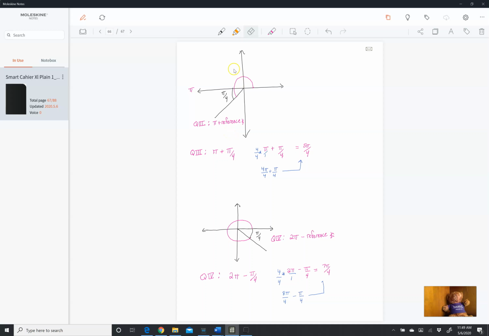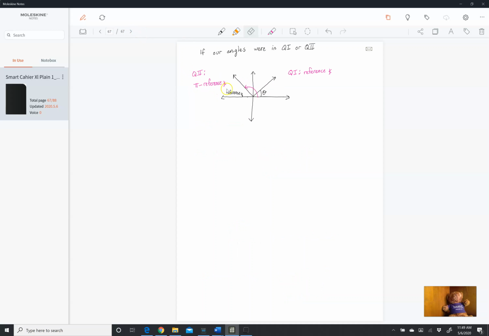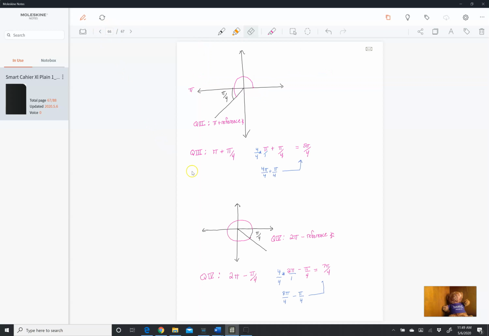So for this, it's either going to be pi plus if you're in quadrant 3 because you're going further than pi, or pi minus if you're in quadrant 2 because you're not going as far as pi. You're going less than pi. And then for quadrant 4, you're going less than 2 pi, so it's 2 pi minus, okay?